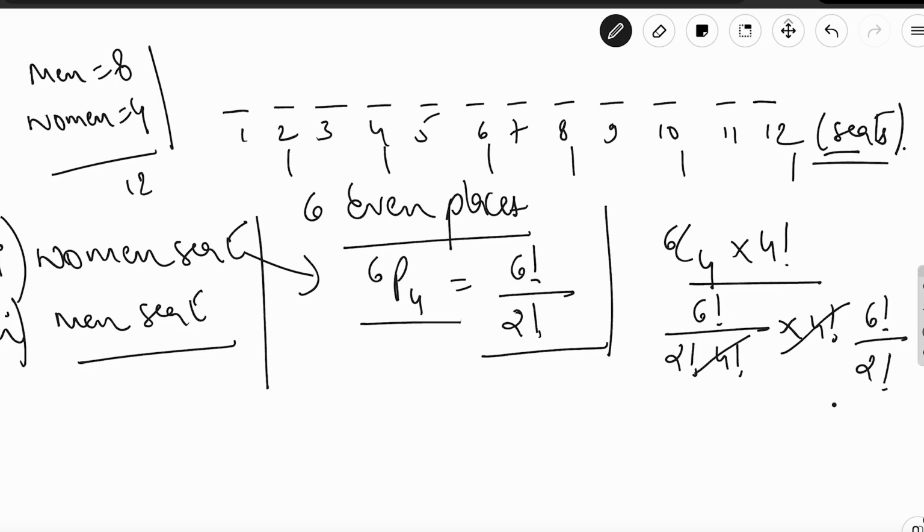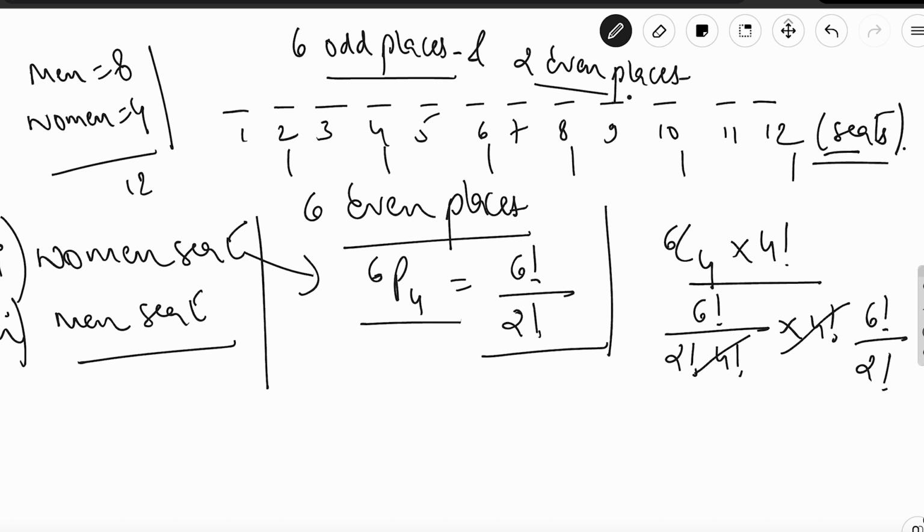Now we talk about seating the men. Remaining, there are 6 odd places for men to be seated, and 2 even places, because the even places were 6 but the women were 4.